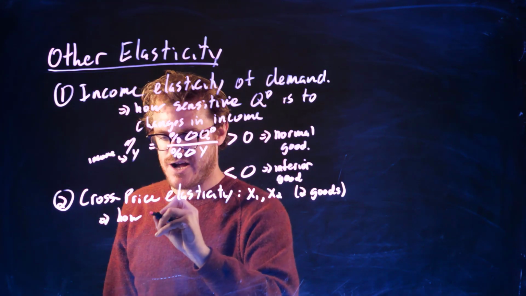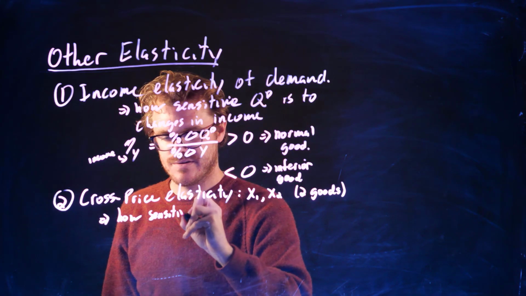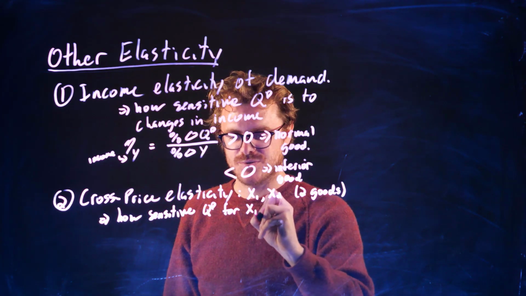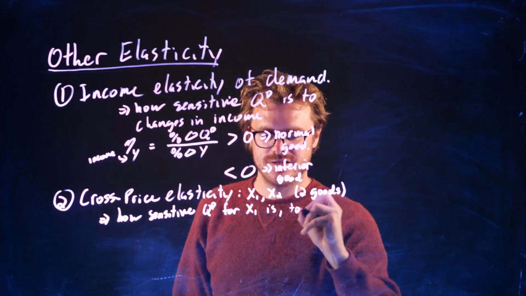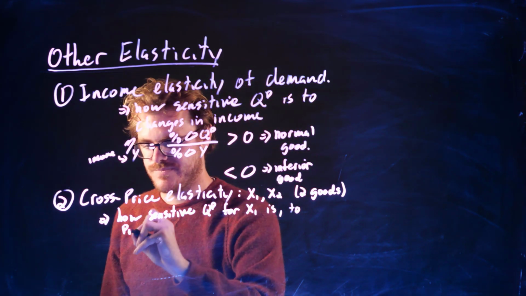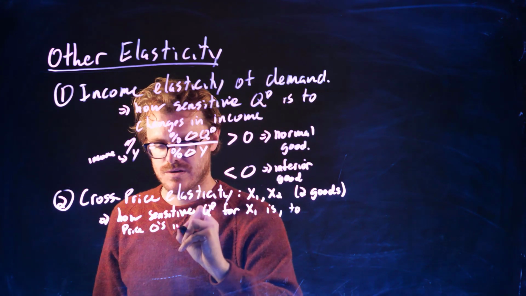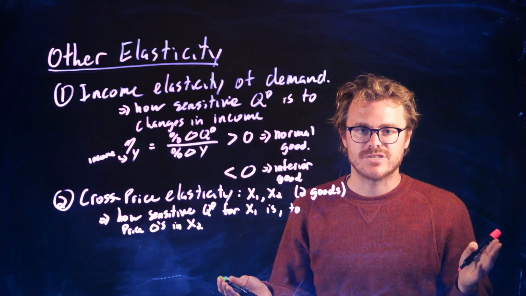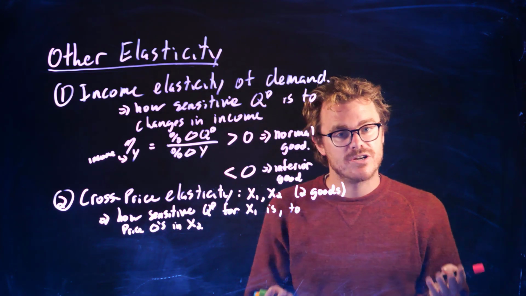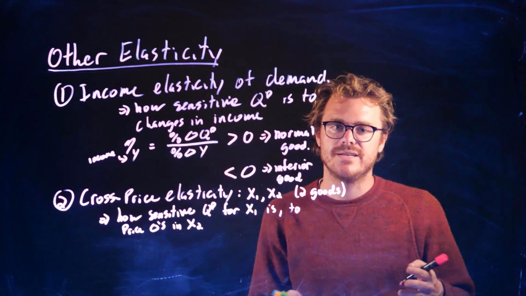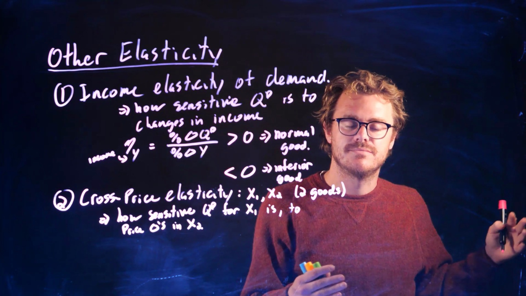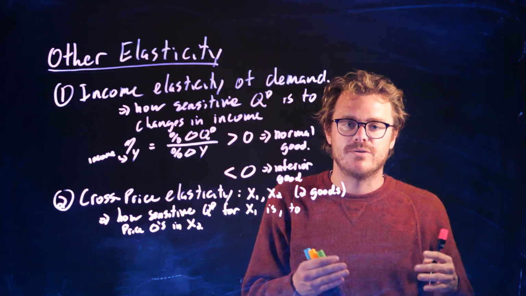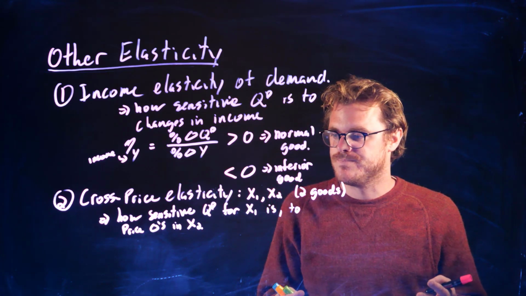This is going to measure how sensitive QD for X1 is to price changes in X2. One of the factors that affected the demand curve for good X1 is the price of related goods. Let's say X2 is related somehow. Remember that we started thinking about complements and substitutes there.